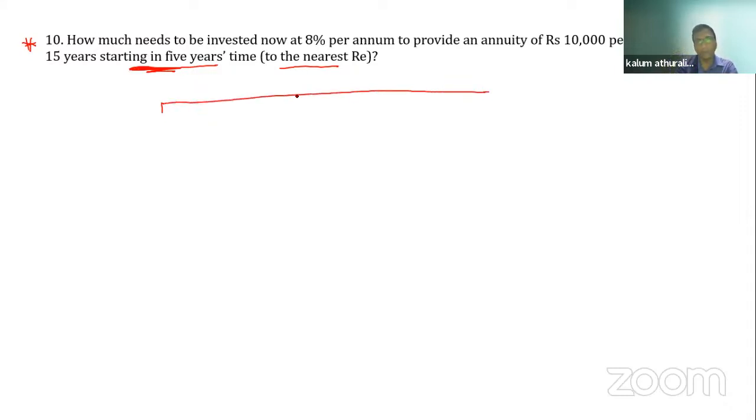I write the cash flow: 0, 1, 2, 3, 4, 5, 6, up to 14, 15. Right.